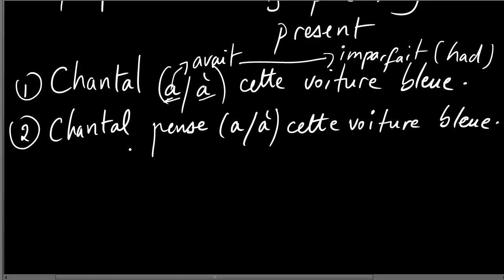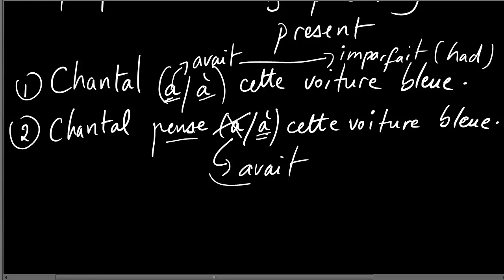Same thing. Now, in the second sentence, Chantal pense à cette voiture bleue. Chantal is thinking about this blue car. Let's try and replace à here with avait and see if our sentence will make sense. So Chantal pense, so Chantal is thinking, had this blue car. Well, you can tell that this doesn't make any sense. And so we will go ahead and cross this out, and we are left with à with an accent.